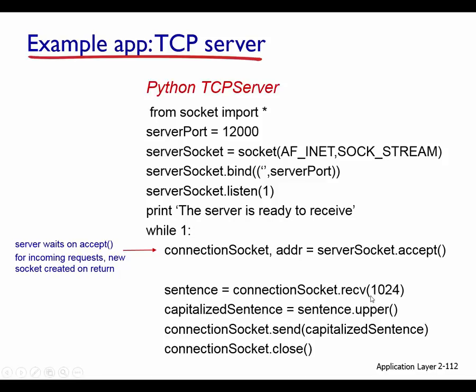We can use the upper function to change it into uppercase and assign that new value to capitalized sentence. Then we use our send data structure to send capitalized sentence, the value, back to the client, and then we can close the socket.